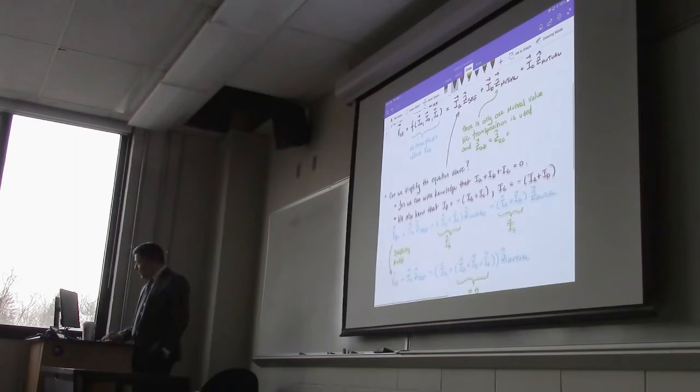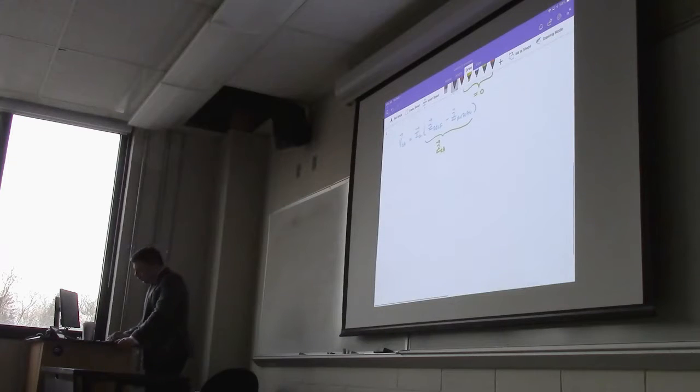Okay. So now, section 2.4.3 is line-to-line voltages.